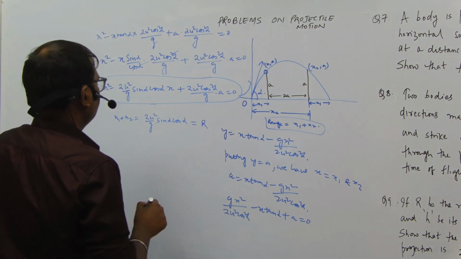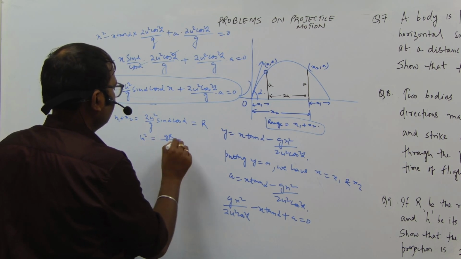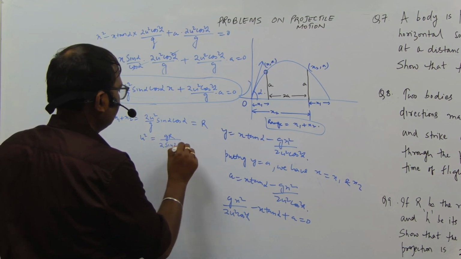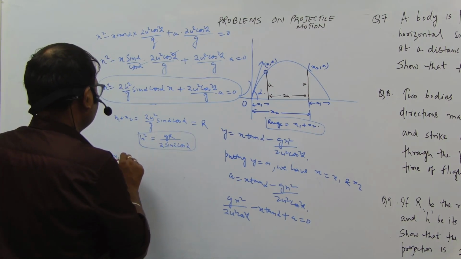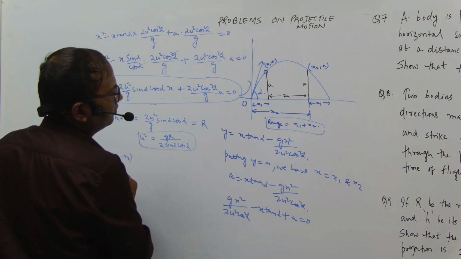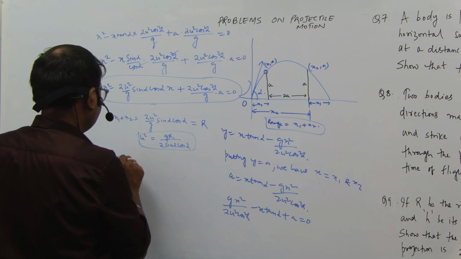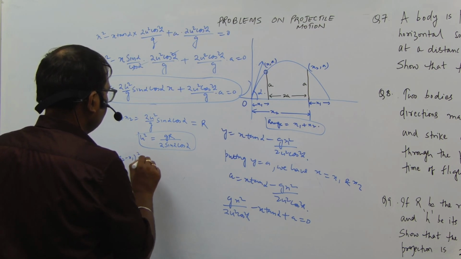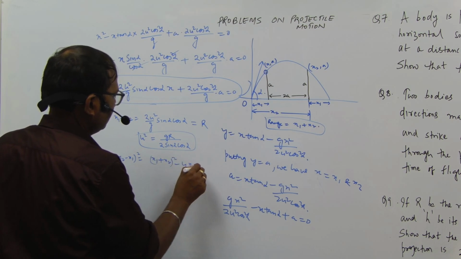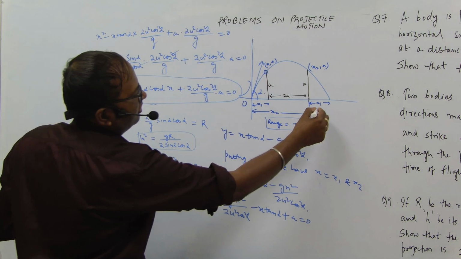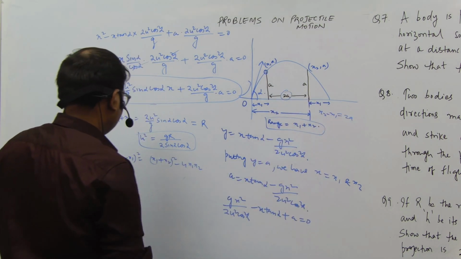From here, u square is equal to gR upon 2 sin alpha cos alpha. Now let us find x2 minus x1. x2 minus x1 whole square will be x1 plus x2 whole square minus 4 x1 x2. Here x2 minus x1 is 2a, so this is 4a square.